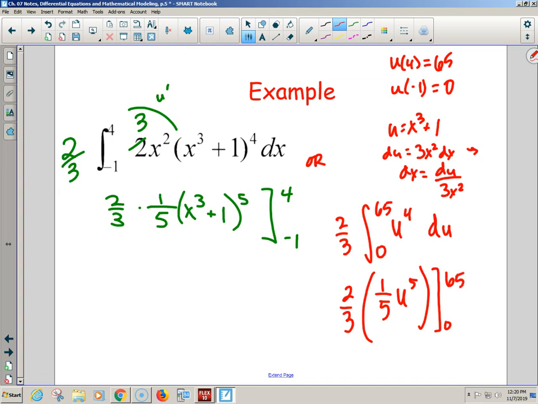Do they both work? Yeah. What's going to happen when you plug in over here? 2/15 times 65 to the 5th minus negative 1 plus 1 is 0 to the 5th, right? What's going to happen when you plug in there? Same thing.